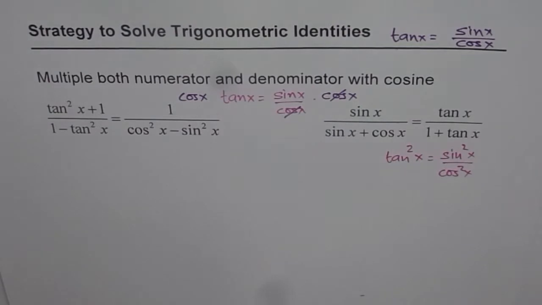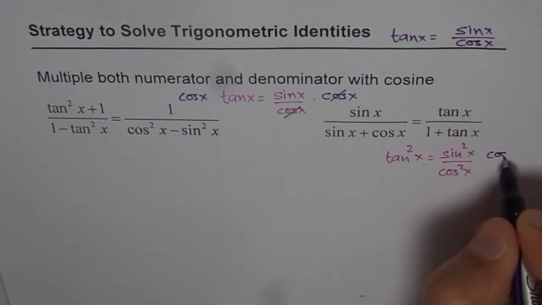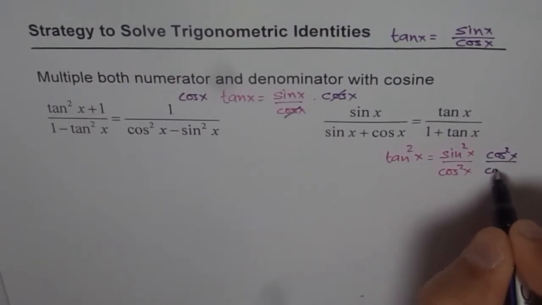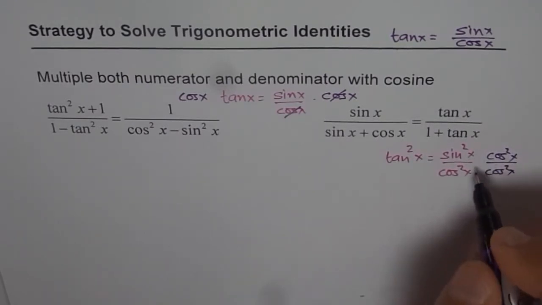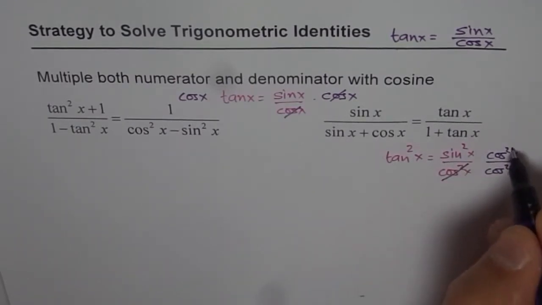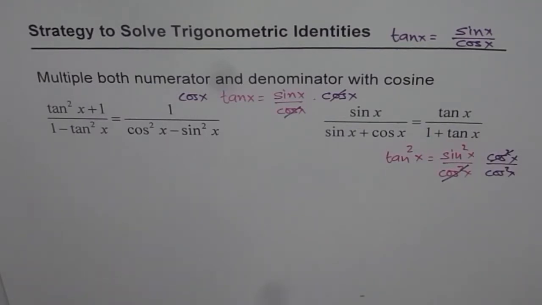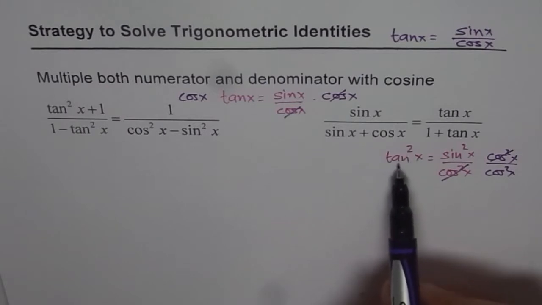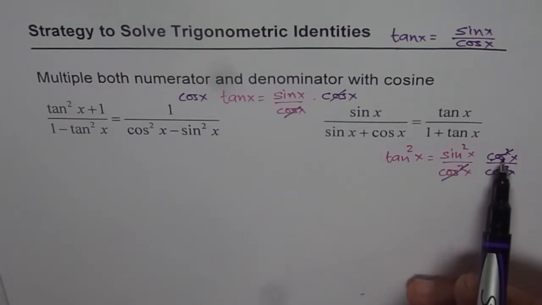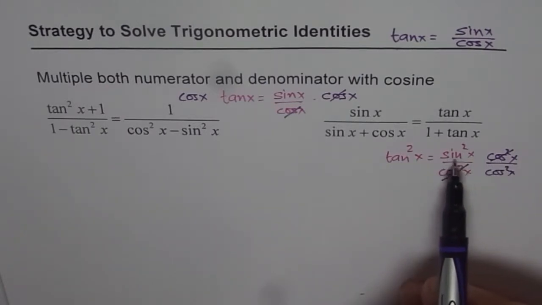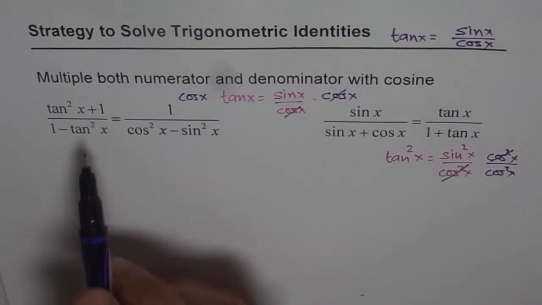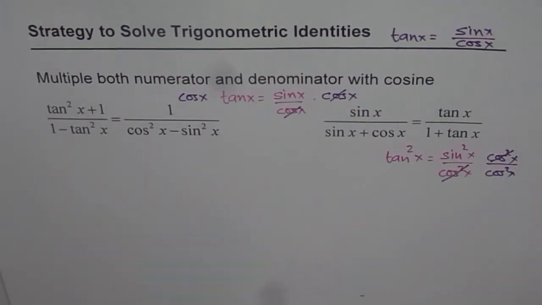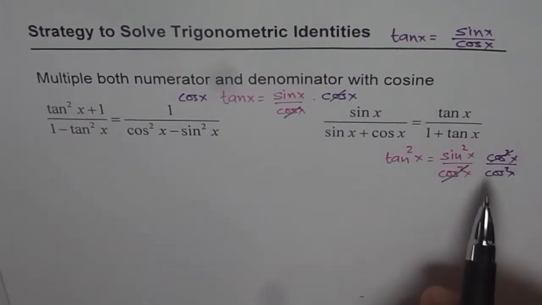Now if I multiply and divide by cos square x, then this gets cancelled. So that is the whole idea. Basically, if I multiply tan square x by cos square x, I'm left with sine square x. That is the strategy I'm going to apply here, and let's see how we can solve using it.